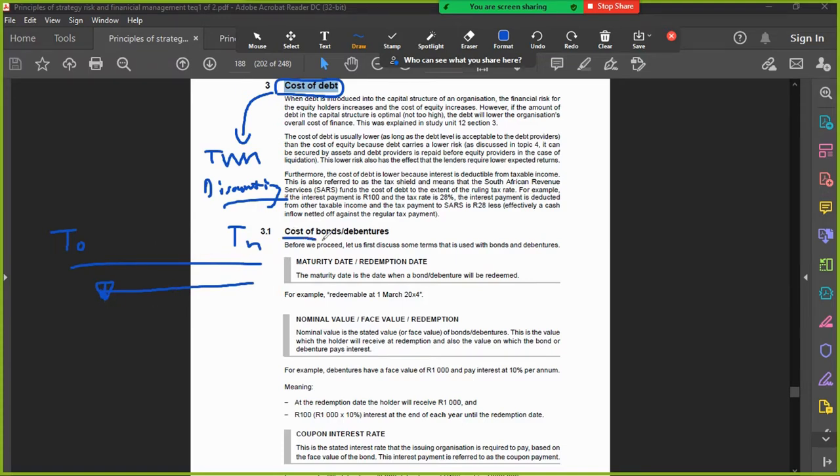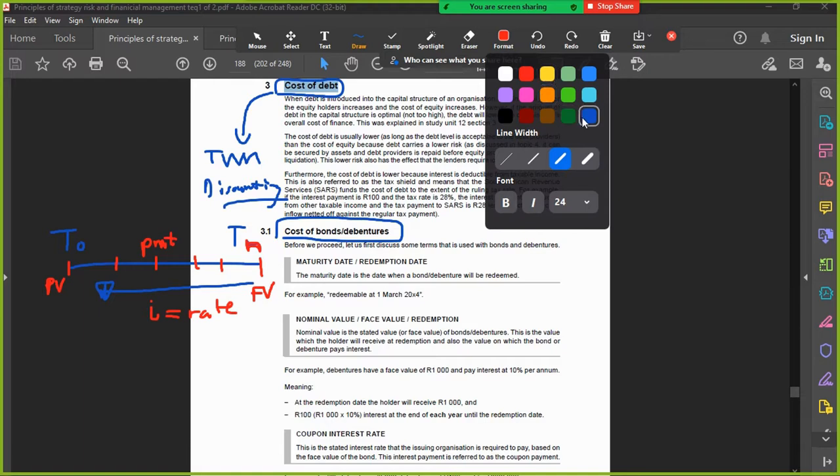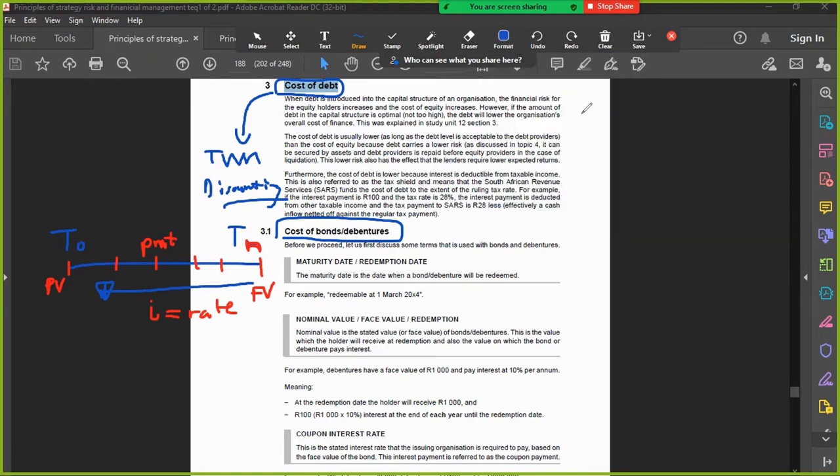Right, so when you're looking at the cost of bonds or debentures, it's important to understand what this actually entails. So let's draw those time value of money variables on the diagram. Then we need to put these payments and then the rate, which is the I. Let's have a look at how this applies to time value of money.